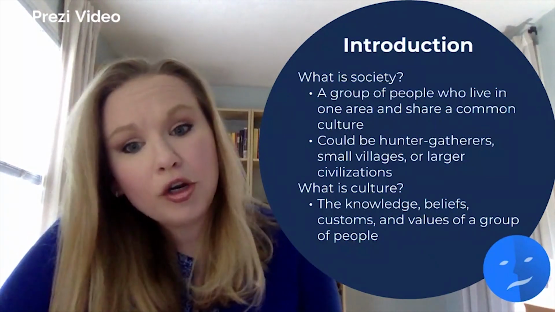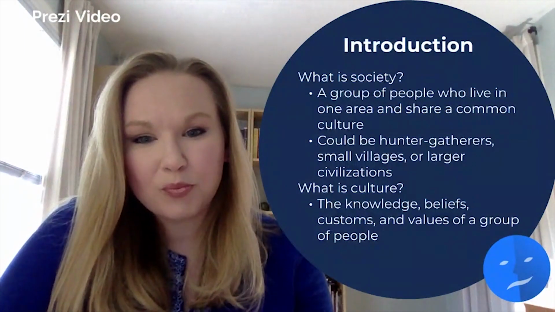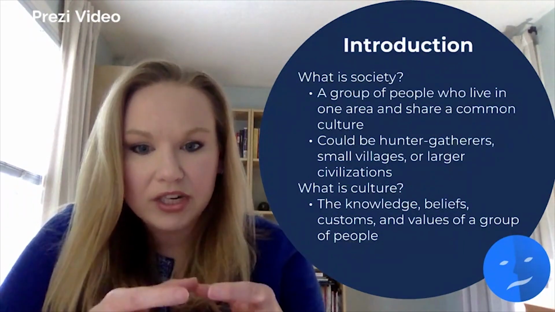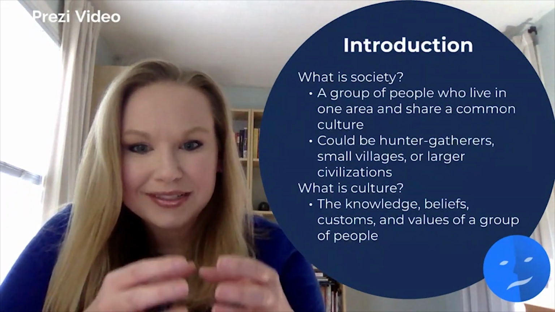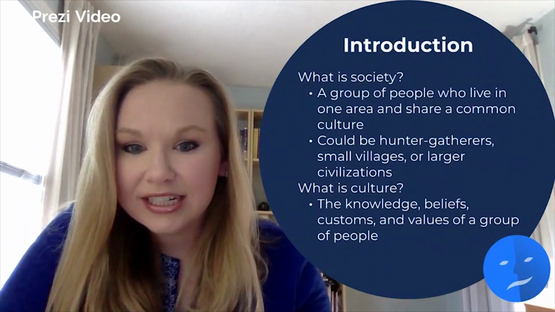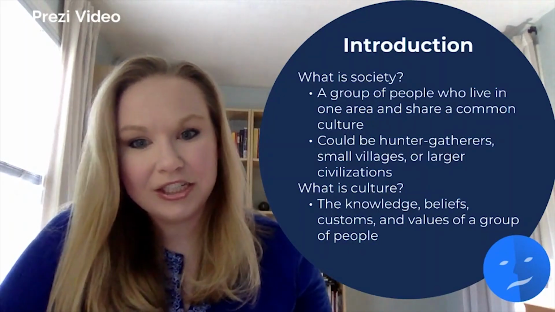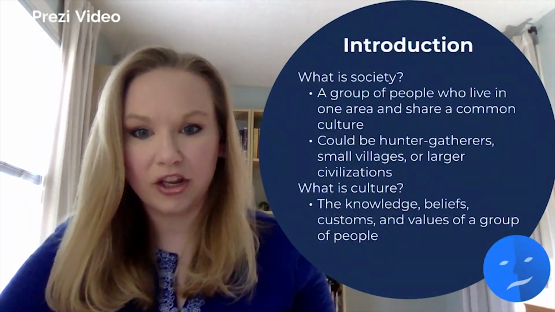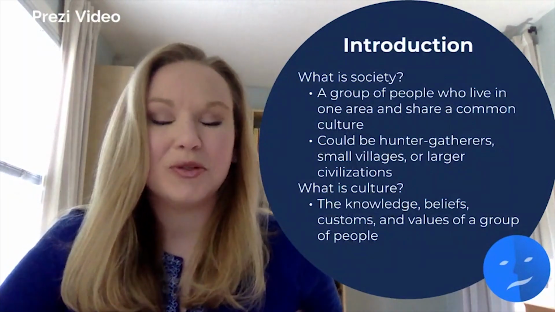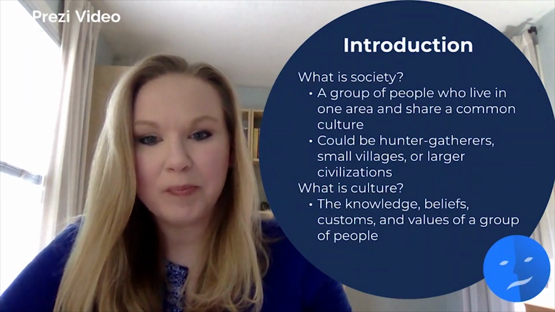So a society could be hunters and gatherers, but they're not an advanced civilization. They're just a group of people living together, sharing the same characteristics like hunting and gathering. But in a modern day civilization, which is advanced, we also have society. We have people that do jobs and do lots of other things, okay?